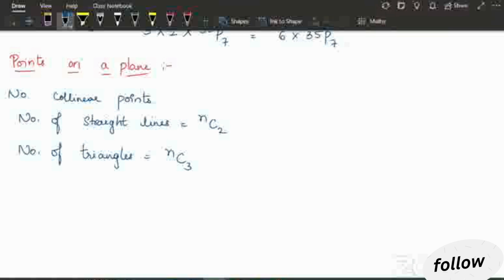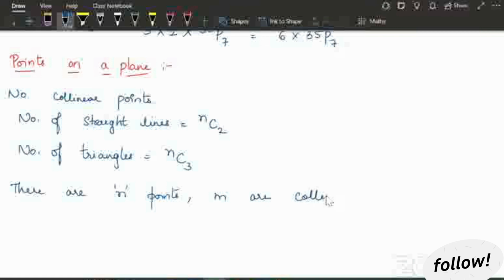Suppose they have given collinear points as well, which means there are n points, out of which m are collinear.